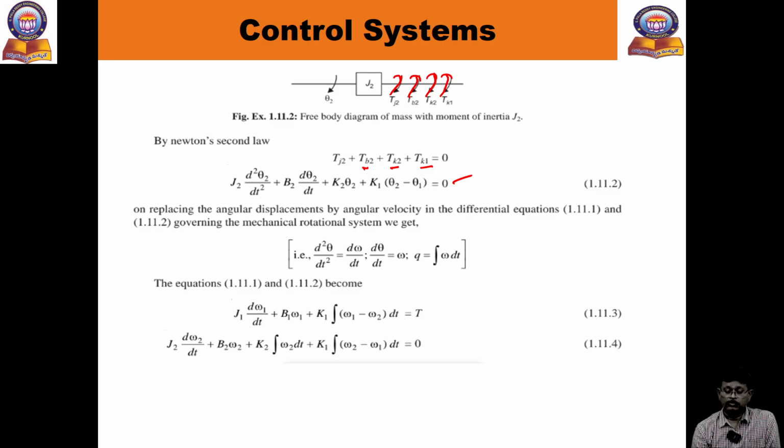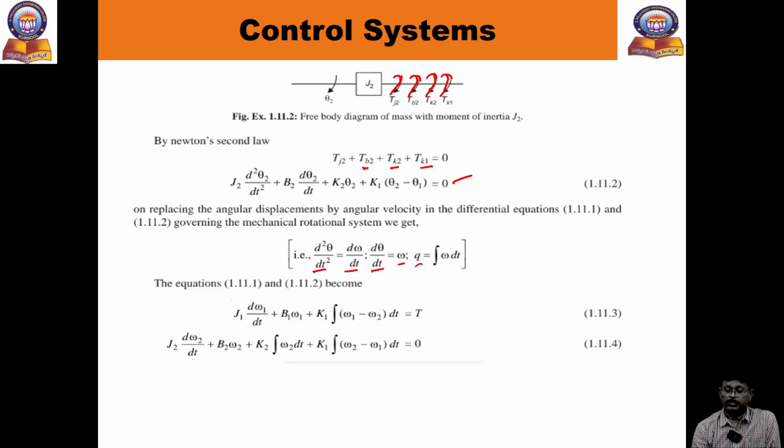Now in place of d squared theta by dt squared we write d omega by dt, in place of d theta by dt we write omega, and charge q equals the integral of omega dt. So we have to replace the terms here. In place of d squared theta you write d omega by dt, in place of d theta by dt you write omega, and in place of theta you write the integral of omega dt.